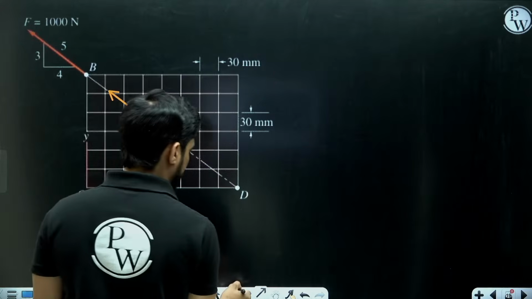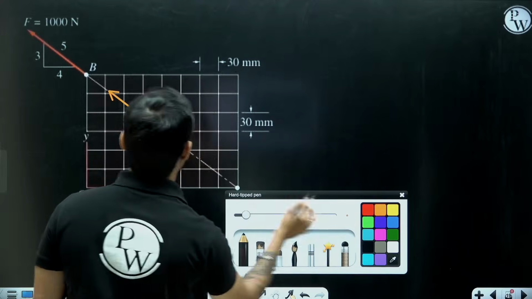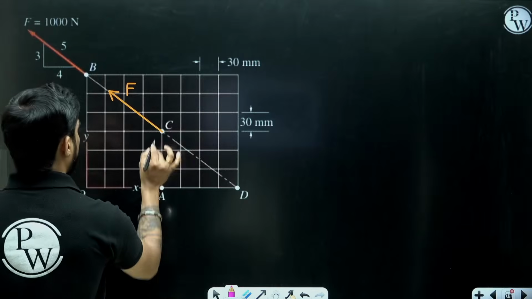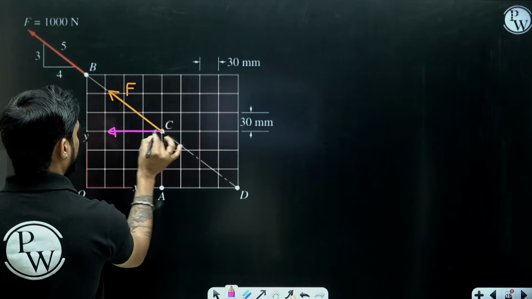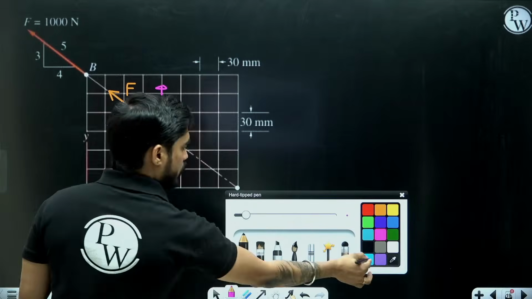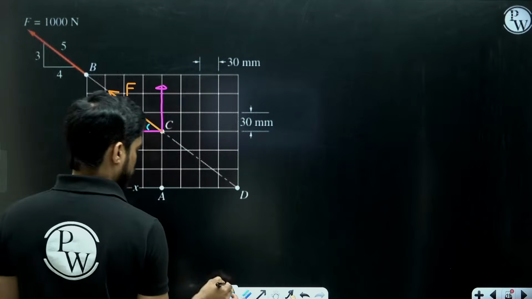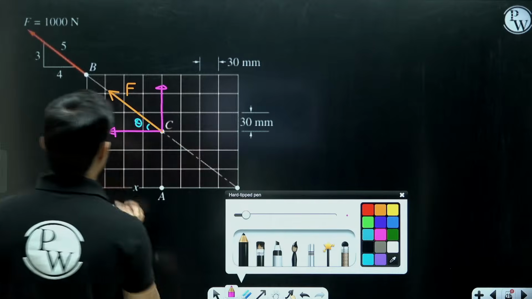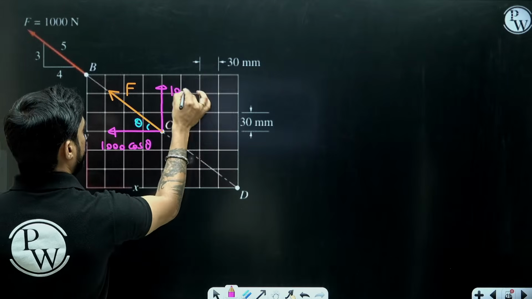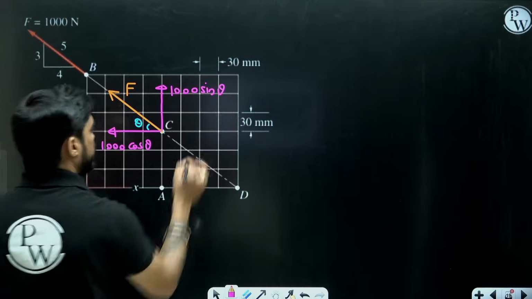So this is your F. Now let's resolve the force into two components. This is angle theta. So this will be 1000 cos theta, and this will be 1000 sin theta.